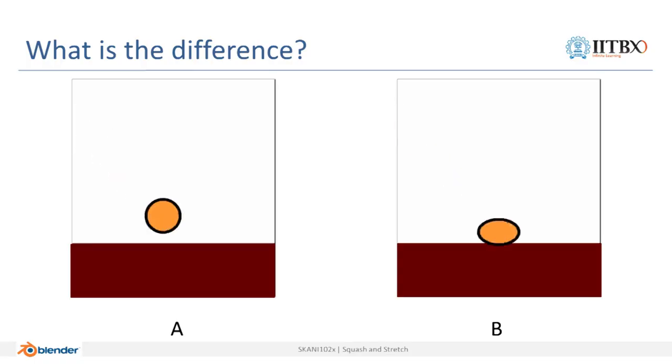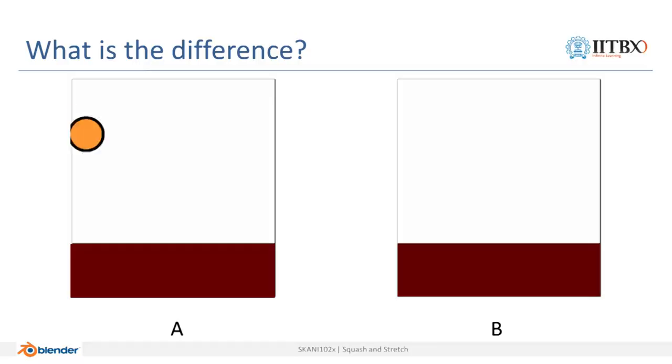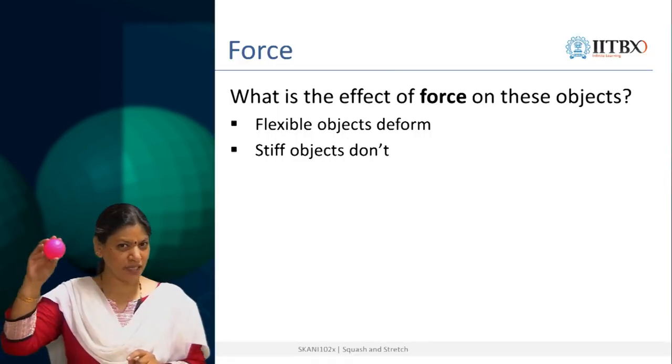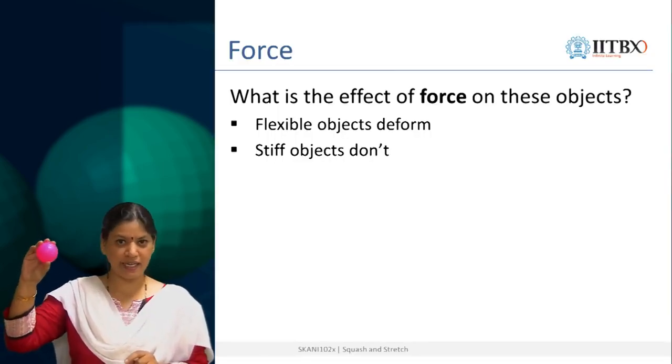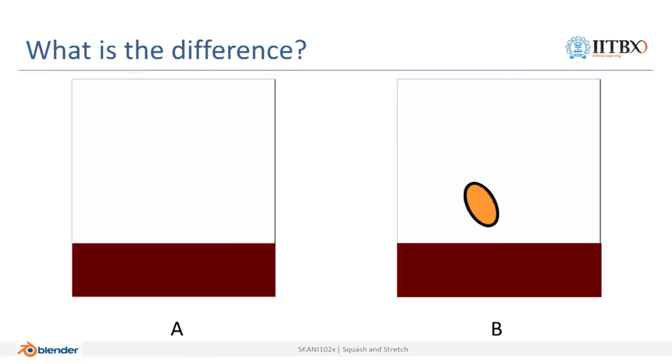So, let us go back and see those animations of A and B again. Now, can you find out the difference of material according to the deformation of the ball? In animation A, the ball is not deforming. That means the material of the ball is very hard, like this plastic ball. In animation B, the ball is like this soft ball.